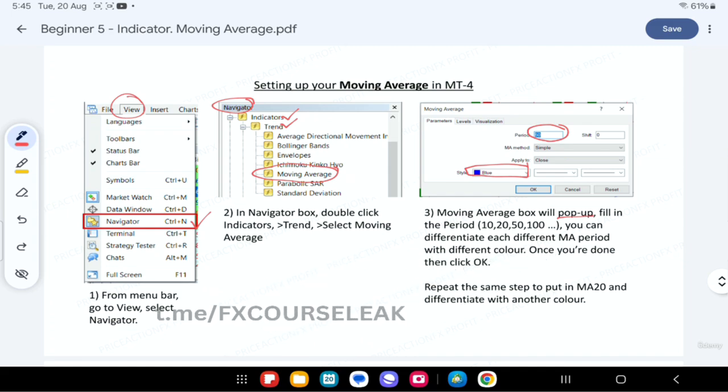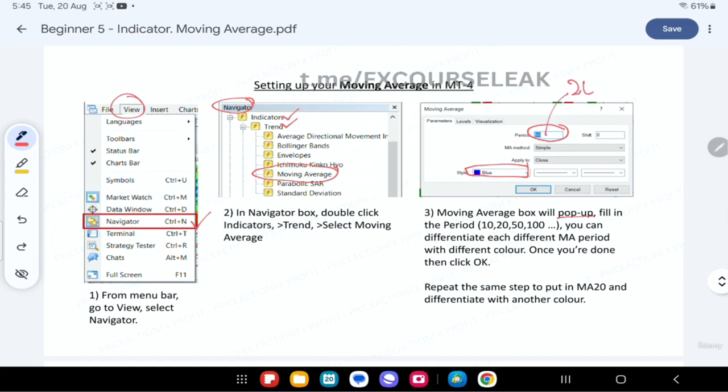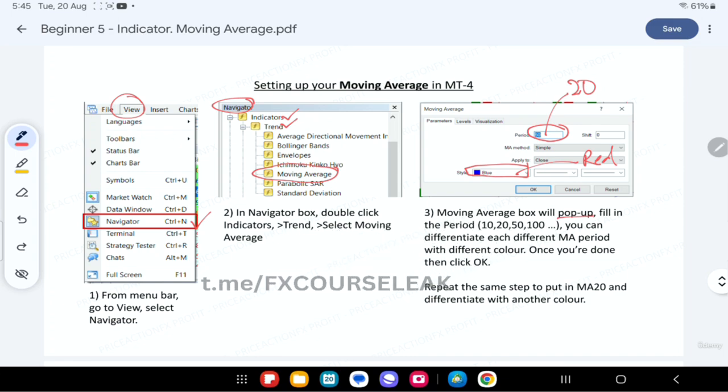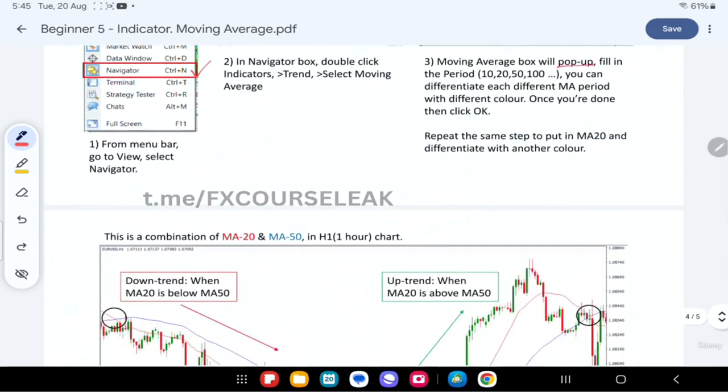The blue line will appear in your chart. Repeat the same process, and this time fill in the period with 20, change the color to red and press OK. Then you will have another line, a red line, which we call the moving average 20 in your chart. Let's move on to the next one.